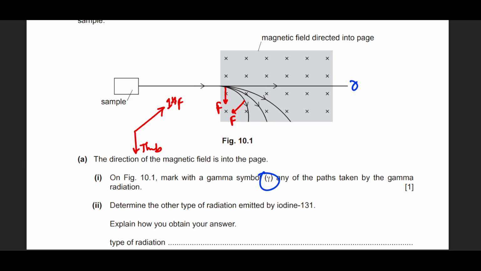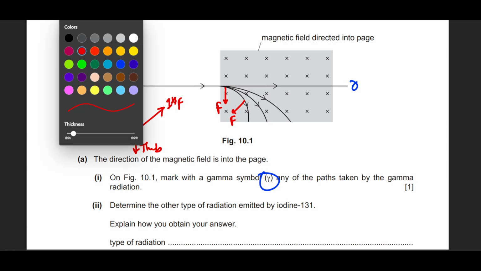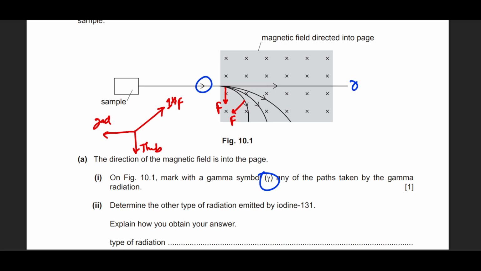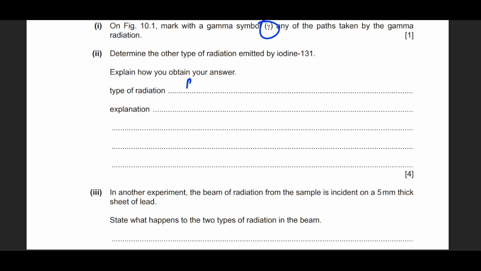When you use your left hand in this situation, the second finger opens up in this direction. And we know that the second finger represents the direction of current. But is that the direction of current? No. Which means that this rule is actually for the positive charge. And if this is going the opposite way, that means this is actually a beam of electrons. And what radiation is a beam of electrons? That is beta radiation. So the type of radiation is beta decay or beta radiation.